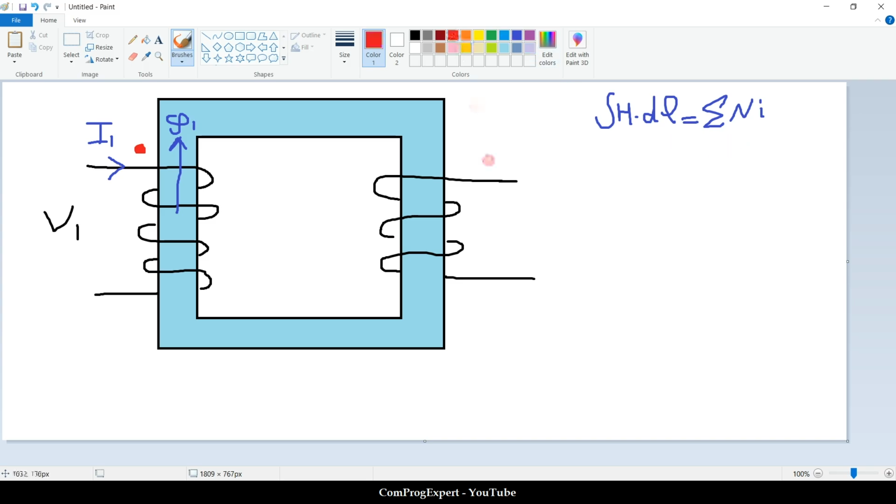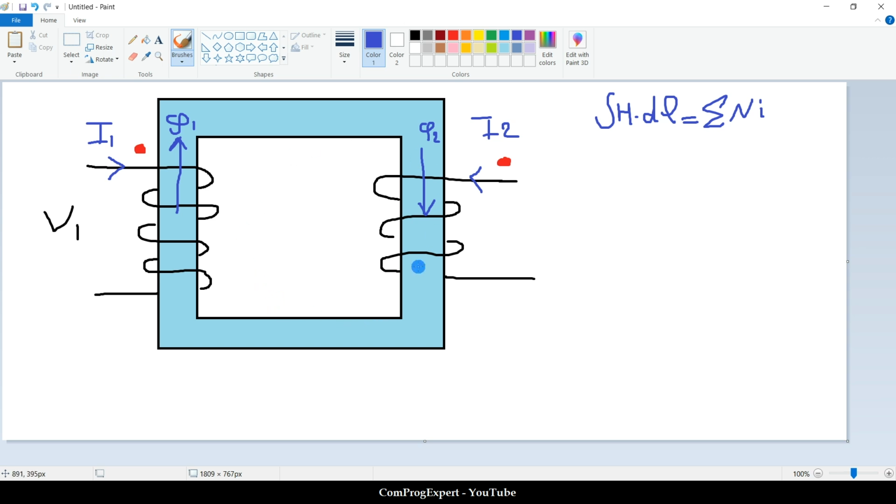If I also consider a dot point here and consider this direction for I2, the direction of the field generated by I2 is in this direction, φ2. This is in the same right direction as φ1.